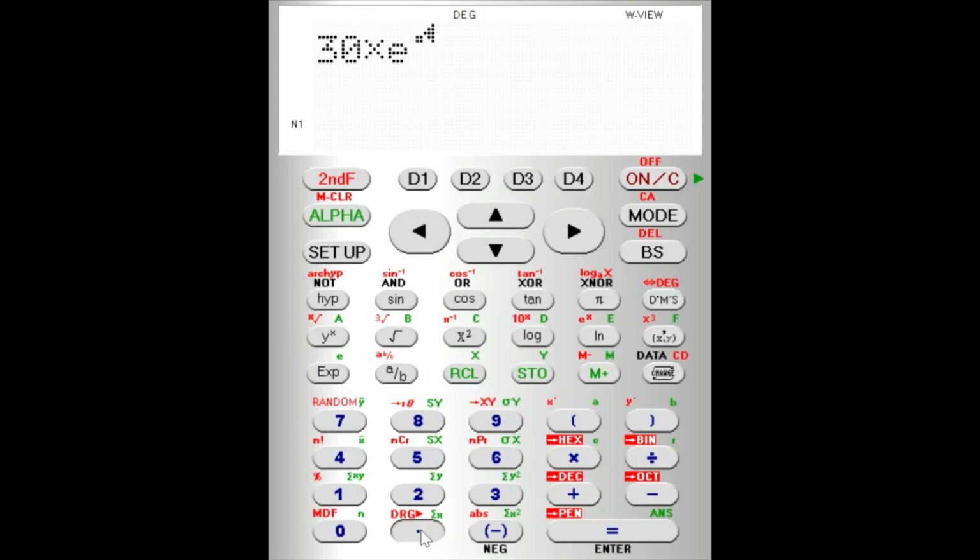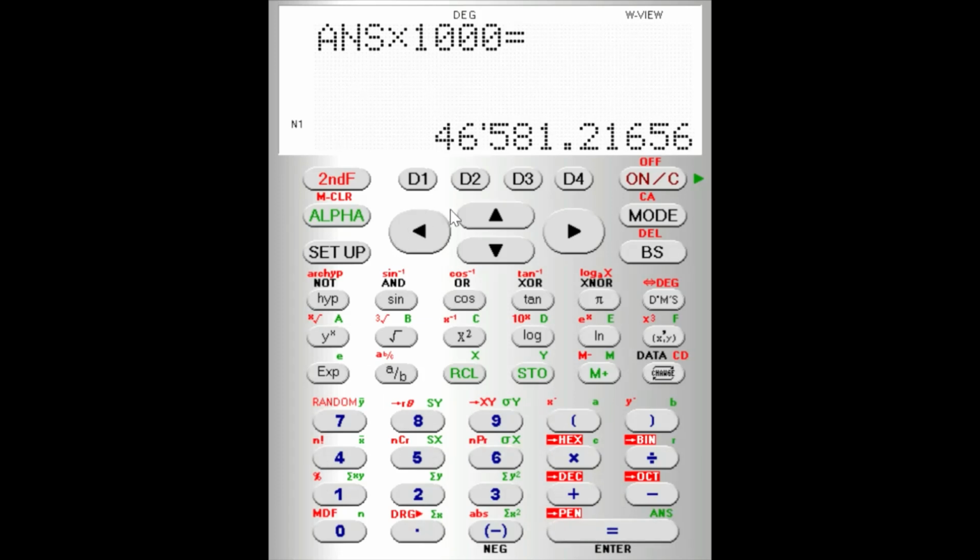So raised to 0.02 times 22 years. So that is 46.58 something, and multiply by 1,000 since A is in thousands. So the total population in 2017 is 46,581.27.